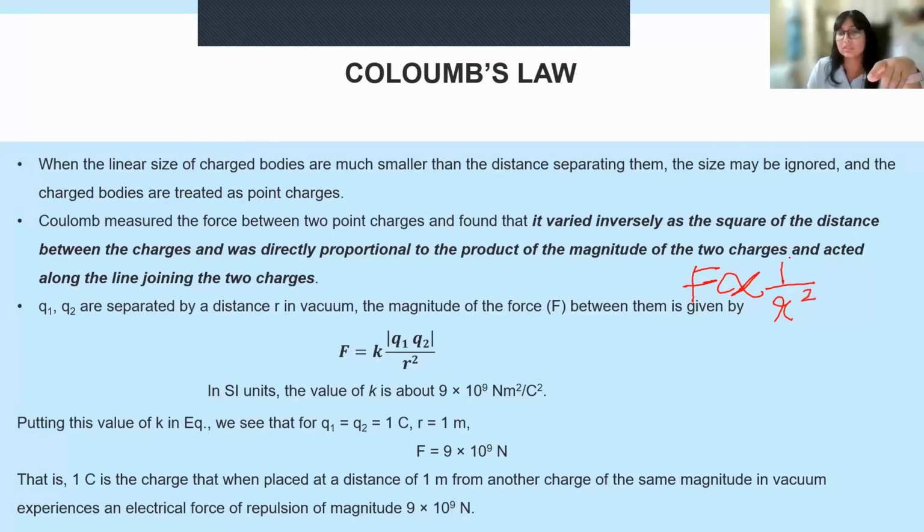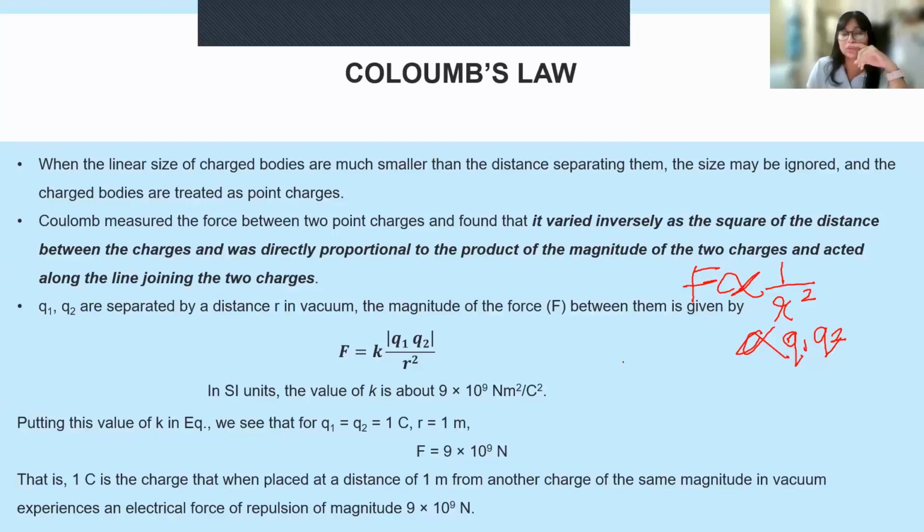So it is inversely proportional to the square of the distance, and it is directly proportional to the product of the two point charges. Suppose you have q1 and q2, so it is directly proportional to q1 into q2.